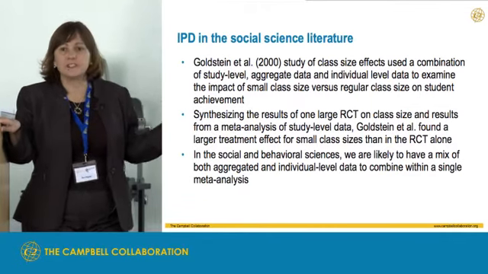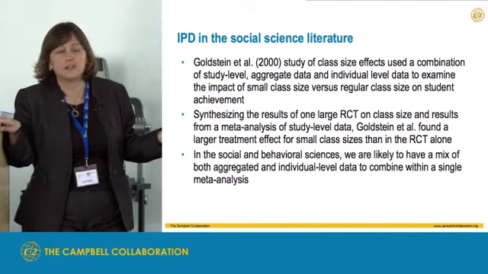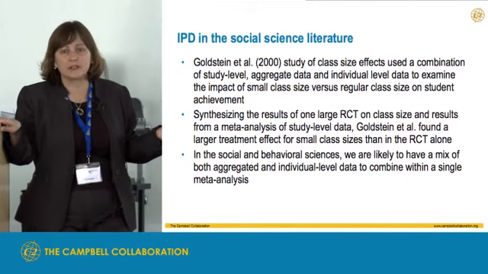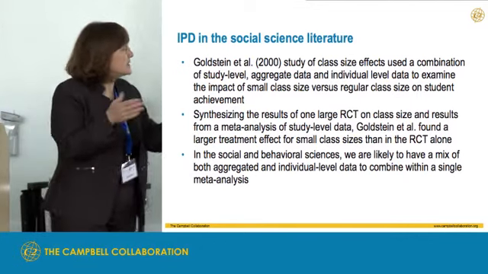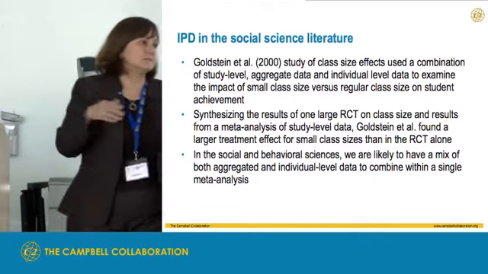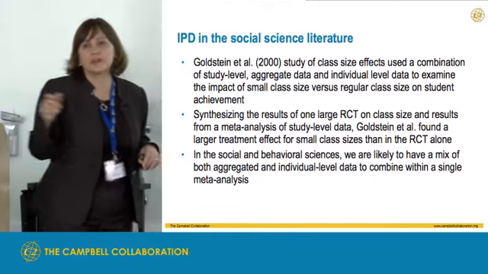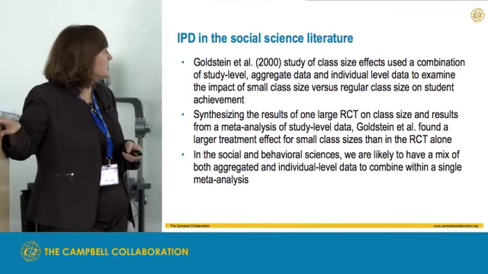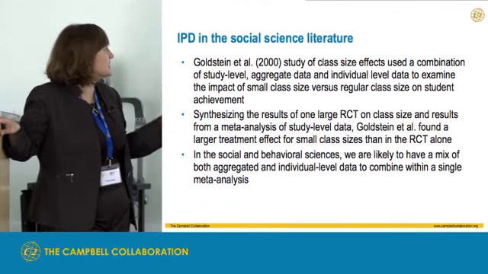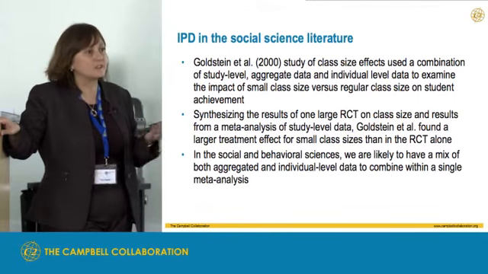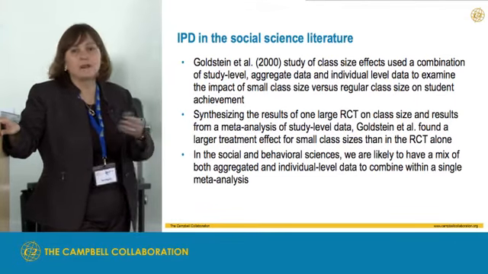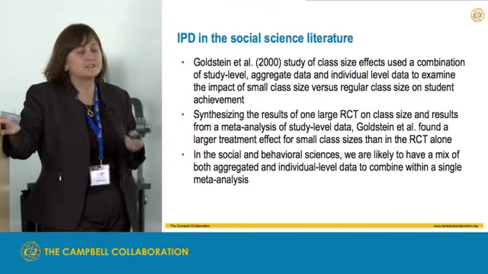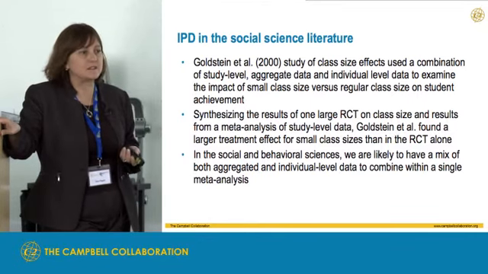Those of you who know education will know this is the Tennessee STAR study, a large randomized trial in Tennessee that randomly assigned kids or classrooms to small, regular size, and regular with an aide. In that particular analysis, Goldstein did find larger class size effects using this method than just looking at the results from the RCT by itself.